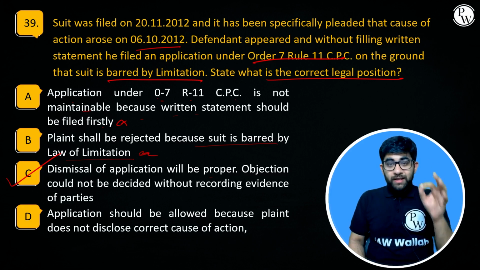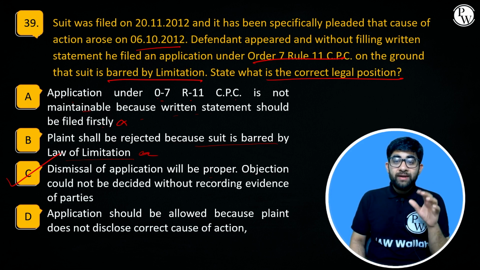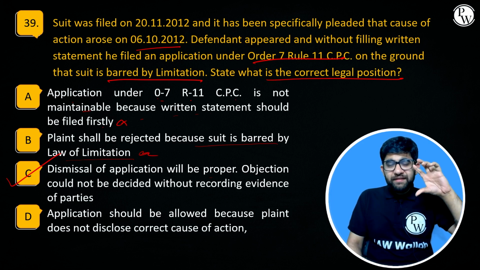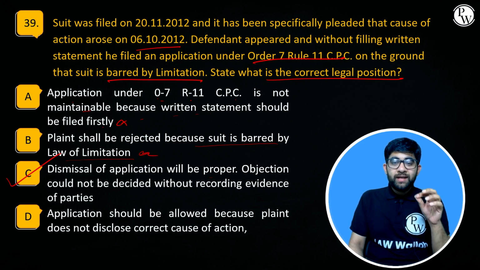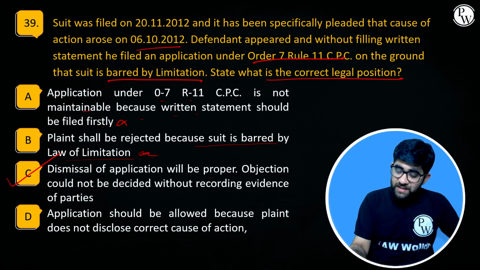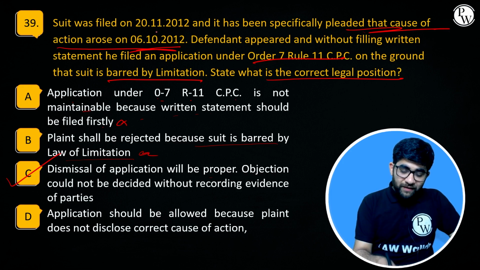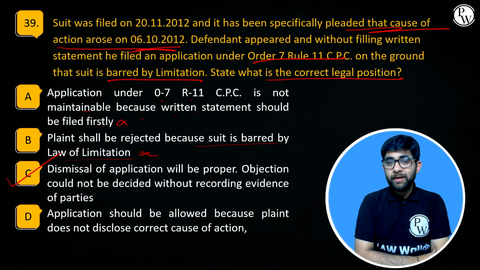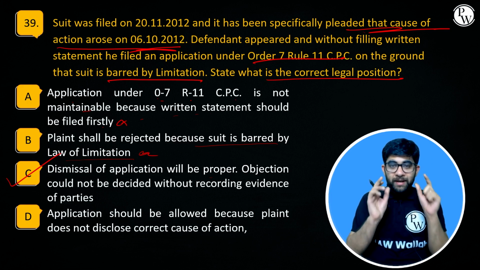Now, Order 7 Rule 11 is a vast order and rule stating that on the very first instance, the court has to see whether it is technically maintainable or not. Specifically it is pleaded that cause of action is 6-10-12 and the suit is filed within 1 month only. So 3 years the limitation period is okay and it is not beyond the period of limitation. So the limitation part is over.